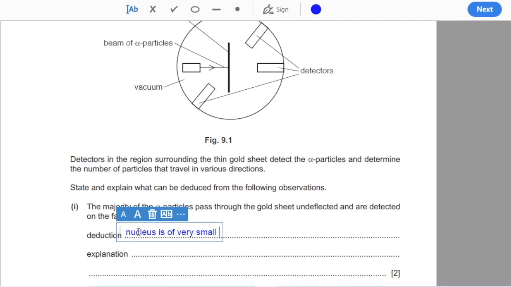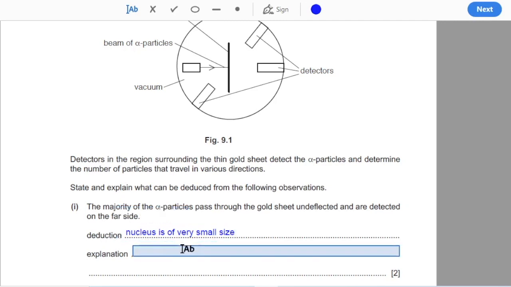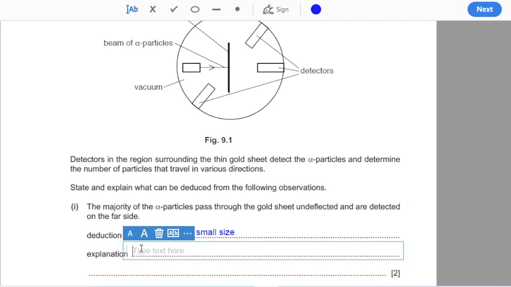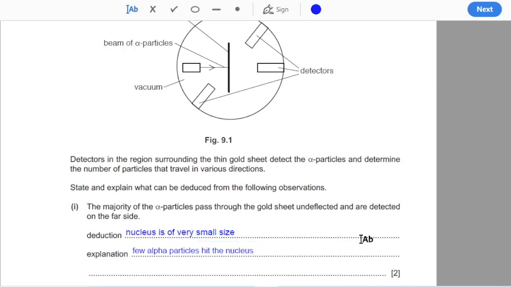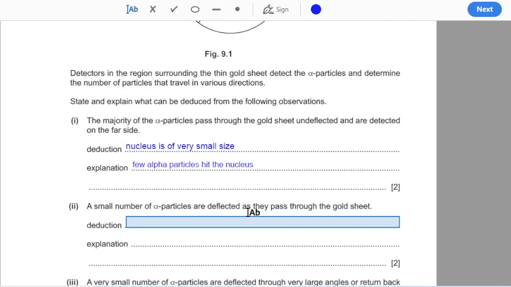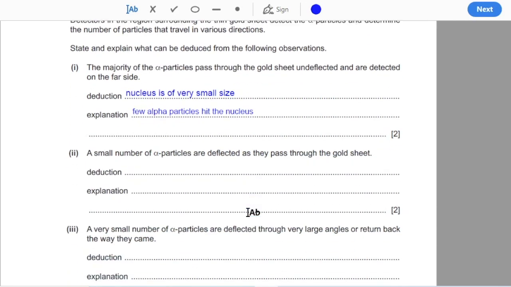And the explanation to this statement is very few alpha particles hit the nucleus, because it says the majority of alpha particles, meaning the nucleus is that small that very few alpha particles will be hitting it, and most are passing straight without being deflected by the nucleus.